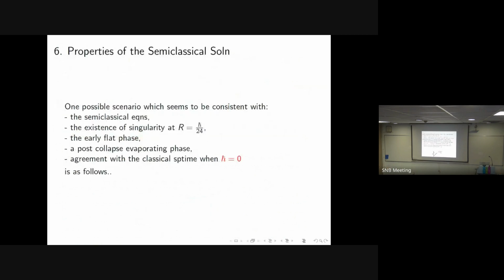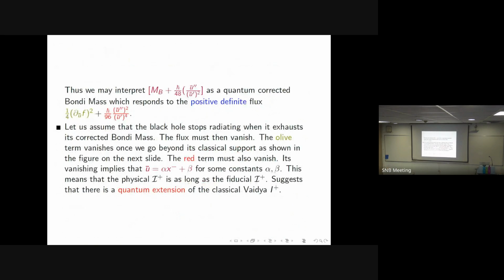However, the upshot of all this is that the semi-classical Einstein equations tell you that when the corrected Bondi mass vanishes, the flux has to vanish, and if the flux vanishes, both this olive term and the red term vanish, which means that U bar is now a linear function of x minus. So when x minus goes to plus infinity, so does U bar.